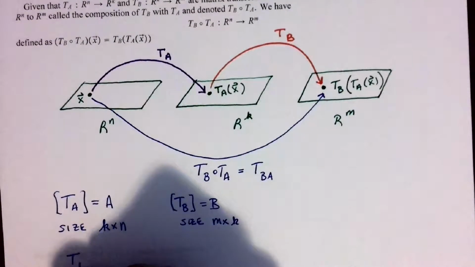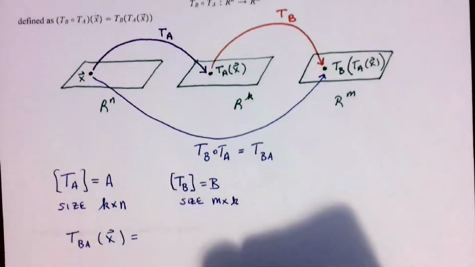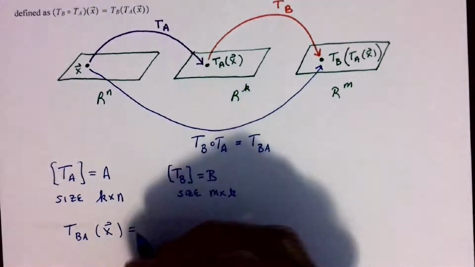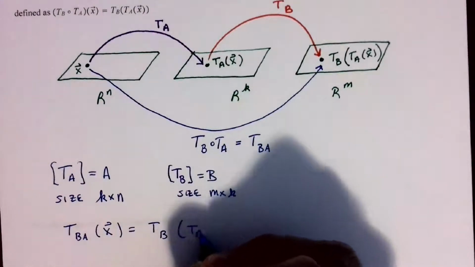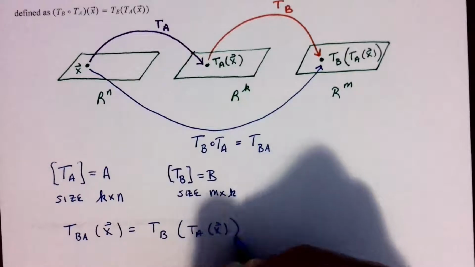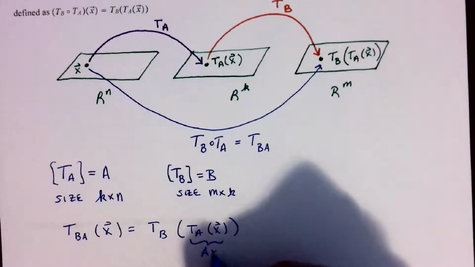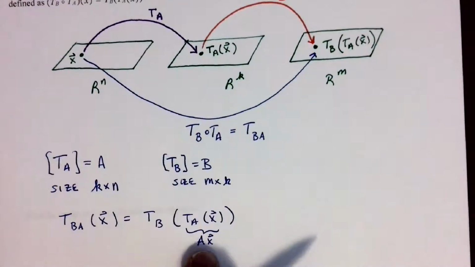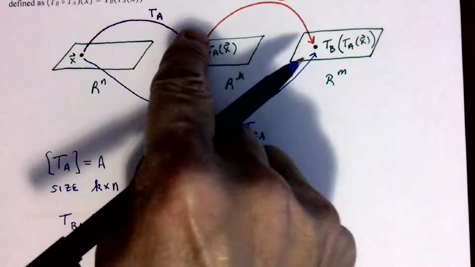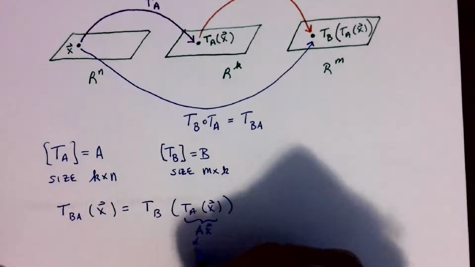Okay, so when we look at TBA of x, again, this is TB of TA of x, that's the definition, right? And so how do we find TA of x? It's A times x, right? So how do I get here? I multiply by A. That's how I take the flight. I multiply by the standard matrix A. And the standard matrix A here we said was what?